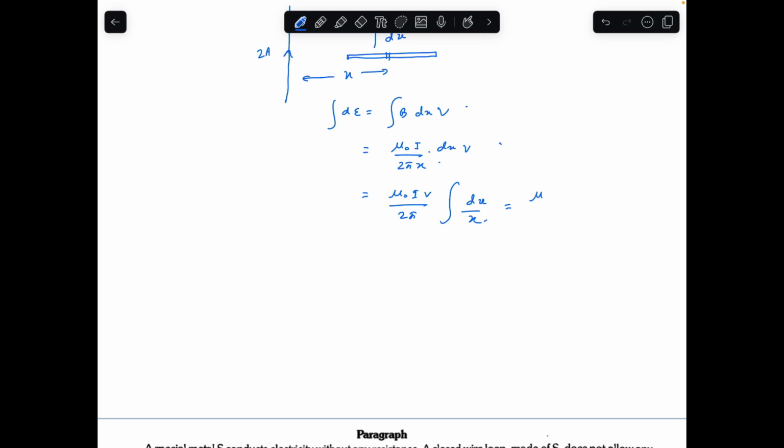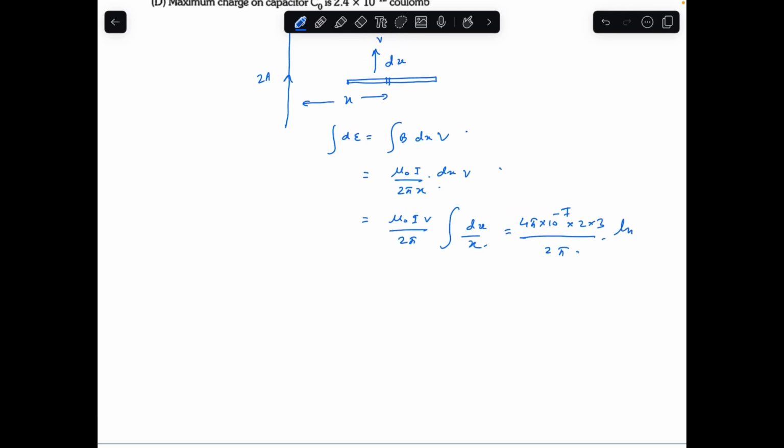In this EMF you'll get μ₀ is 4π into 10 to the power minus 7, I's value 2, v's value 3, divided by 2π into ln, integration of dx by x, from where to where? 1 to 4.